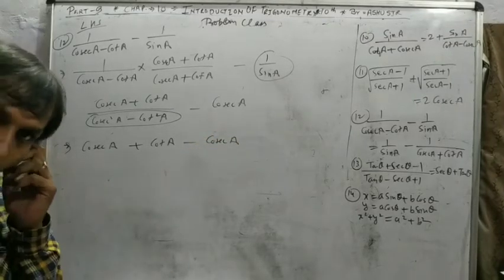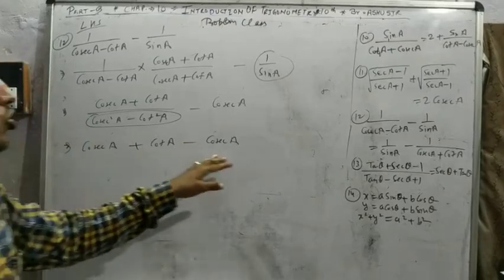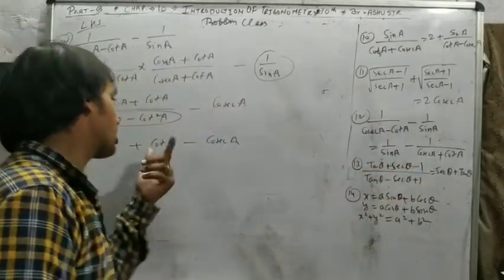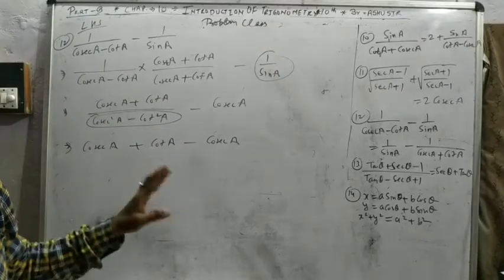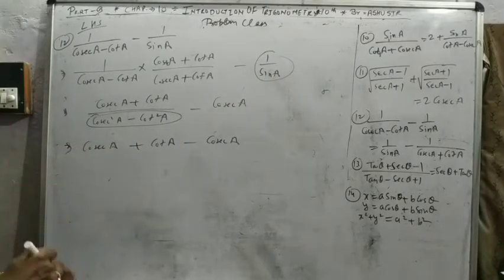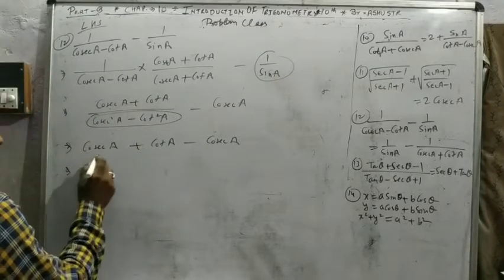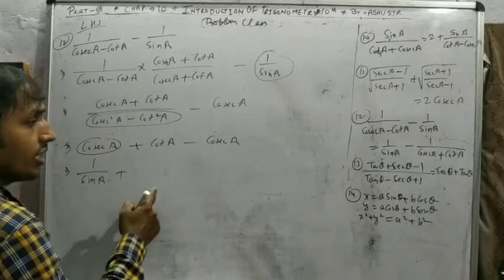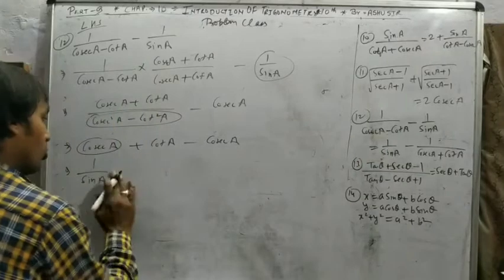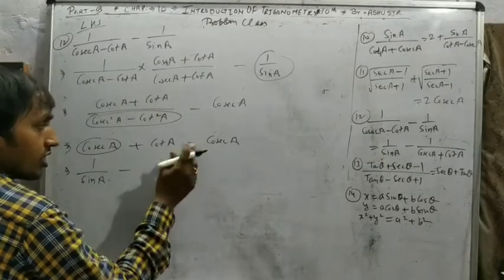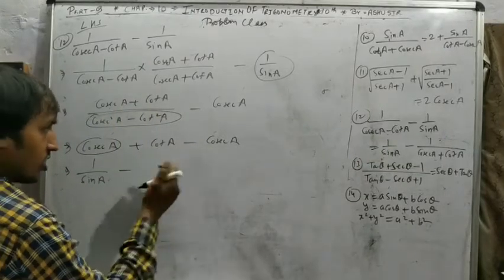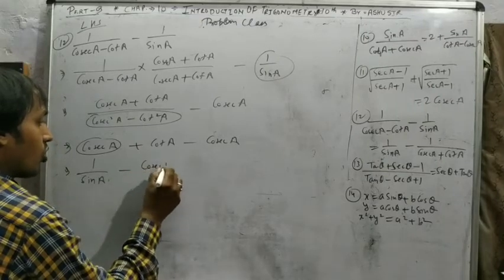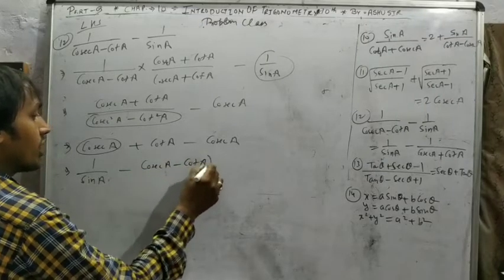Yes, you can cancel, but then we would get the RHS with the same value giving cot A. But we want cot A from here, so this cosec means 1 upon sin A, and here we want minus, so minus sin is common, so this is the only change: cosec minus cot in the bracket.